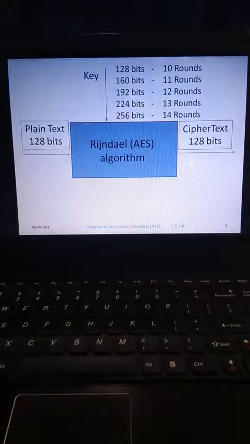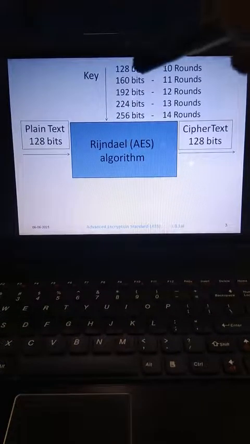Depending upon the number of bits, the number of rounds of AES varies. If it is 128 bits, then AES is completed in 10 rounds, and if it is 256 bits, it is completed in 14 rounds. But as 128 bits provides adequate security, the 128-bit key is most popular.